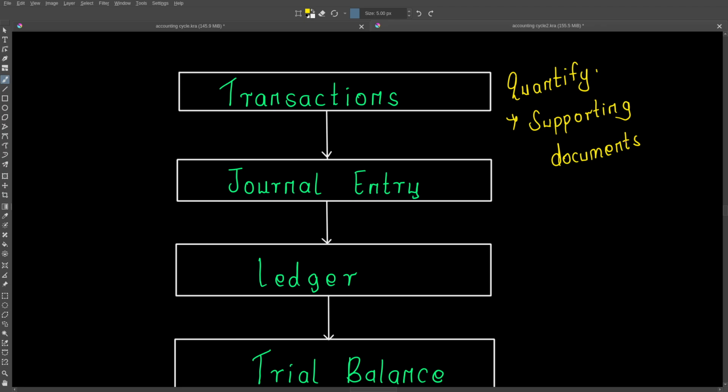Those are supporting documentation to a transaction. Let's say you've bought a laptop, you've been given maybe a receipt, you've been given maybe a delivery note if they brought it, you've also issued a goods receipt note. Such are what we call supporting documentation. So we need to trace this transaction to a supporting documentation as well.